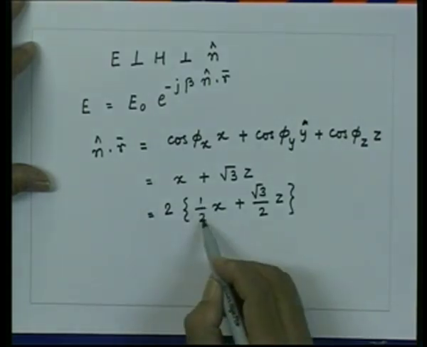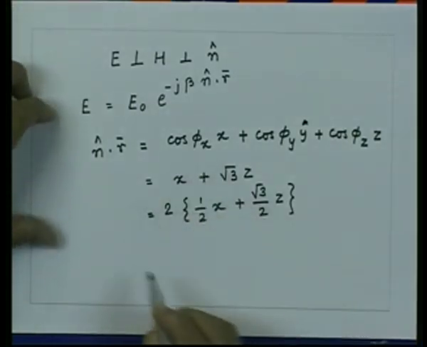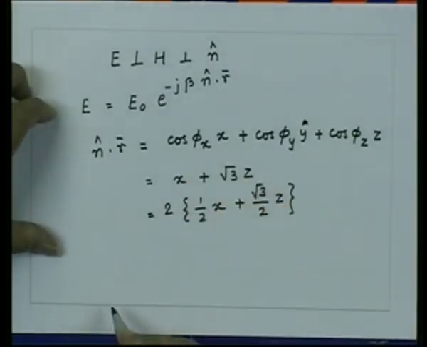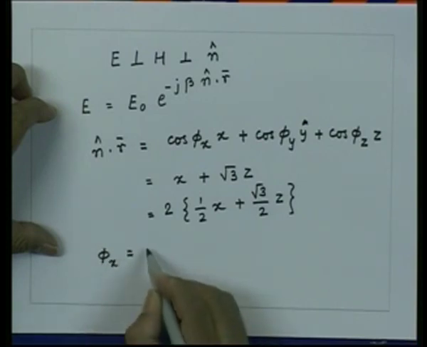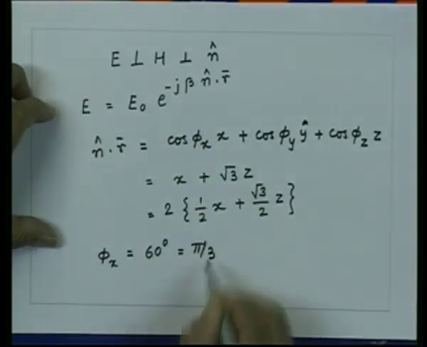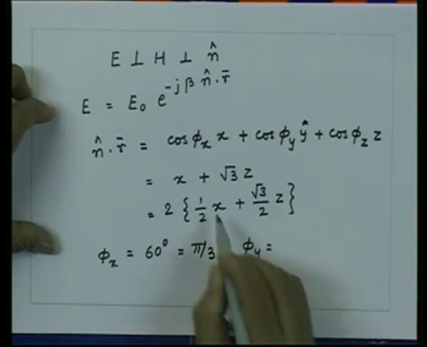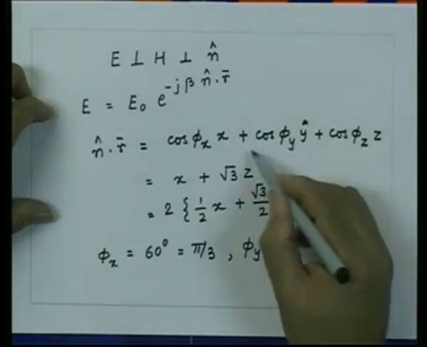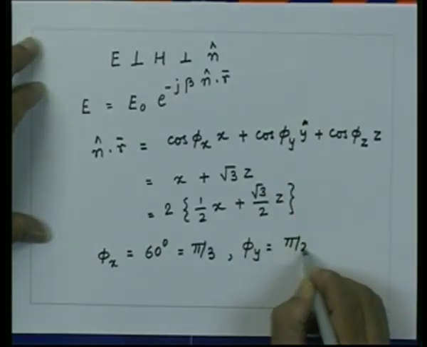Because this quantity here corresponds to cos of phi x, if I compare these two, we get cos phi x equal to half, so phi x is equal to 60 degrees, that is pi by 3. We get phi y: there is no term for y here, that means cos of phi y should be 0, so phi y is equal to pi by 2.